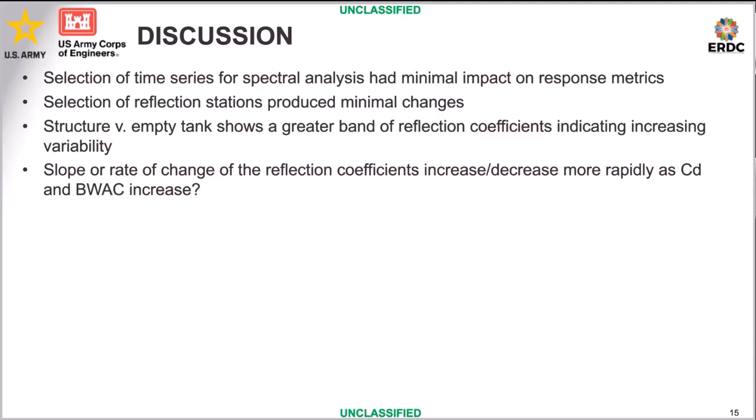So we monitored how long it took the initial perturbation to reach certain segments of the domain, and how many wavelengths to take from that time series to put into the FFT. We found that it had minimal impact on the response metrics. That could be either a good or bad thing.